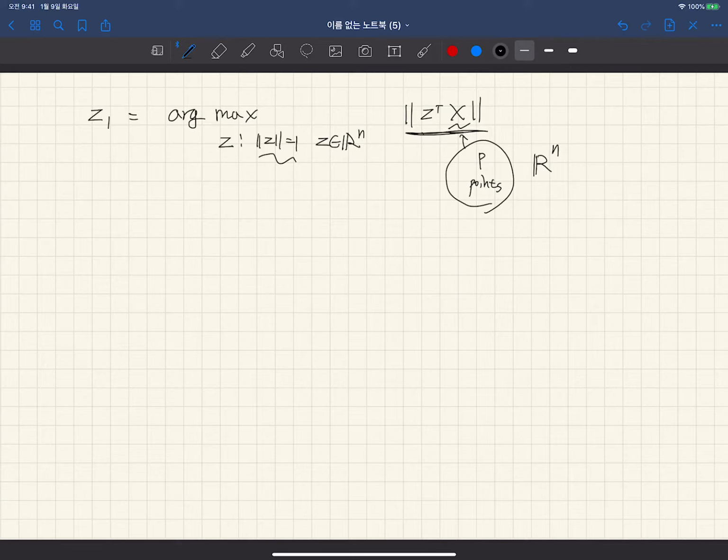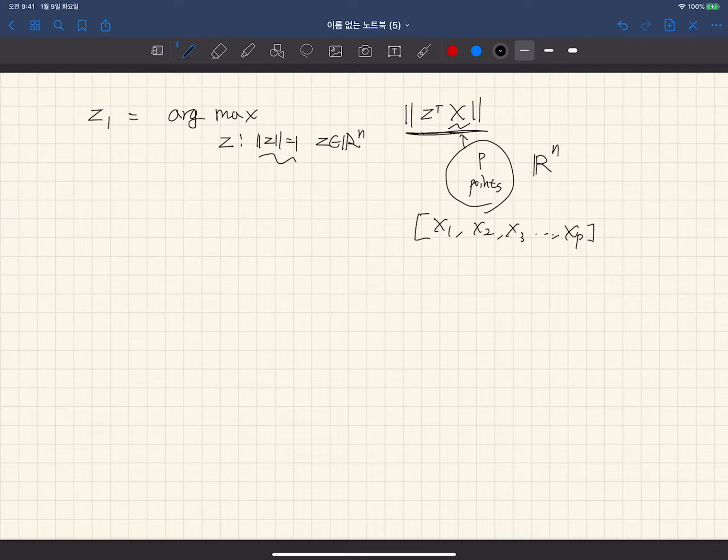Input points means the input vectors coming from the X matrix. So X1, X2, X3 up to XP, each column is an input point, and we want to find the direction that has the largest variance.